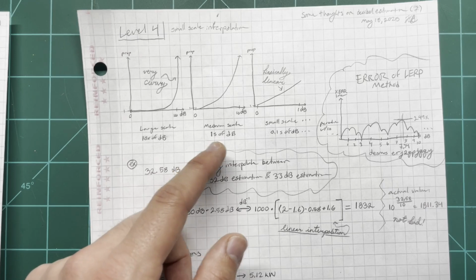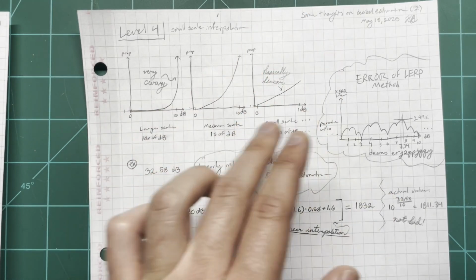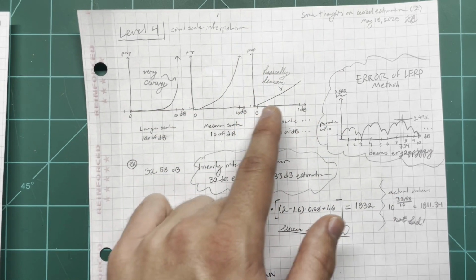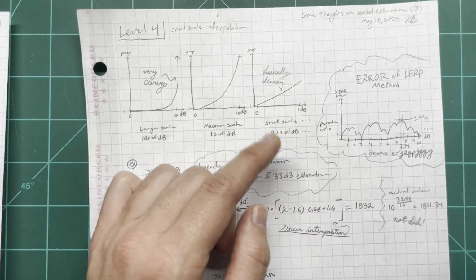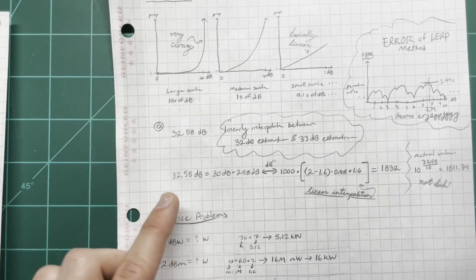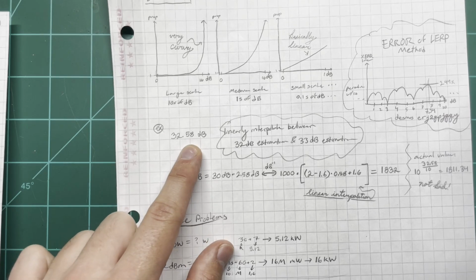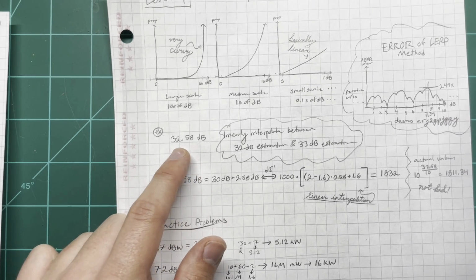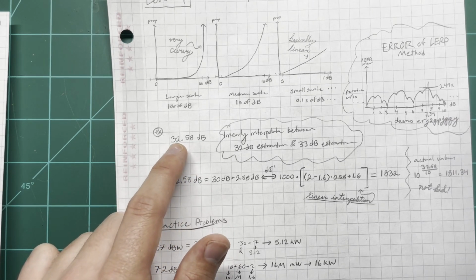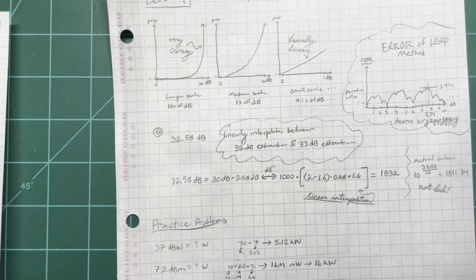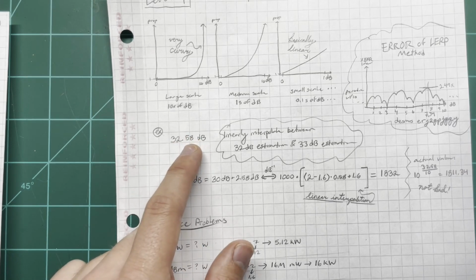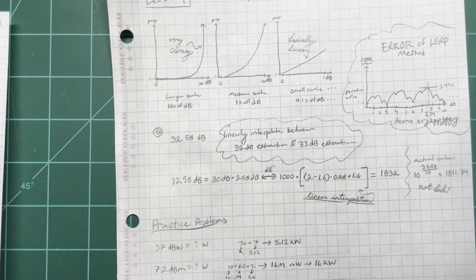And then medium and small scale, it's getting more and more straight, but at small scale, it's basically linear. So for values right here, we can basically just interpolate between the value associated with 32 and 33, and it'll be 58% of the way from 32 to 33.